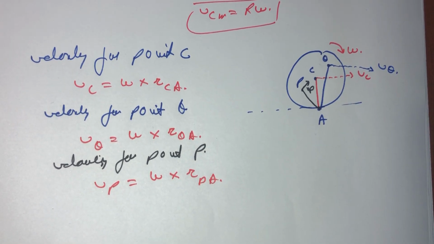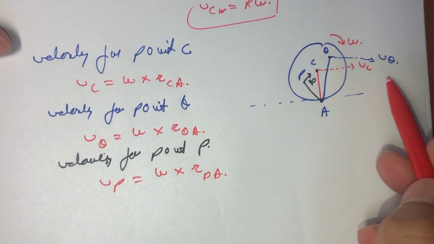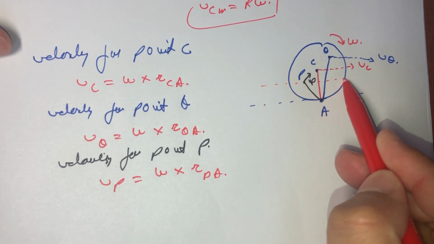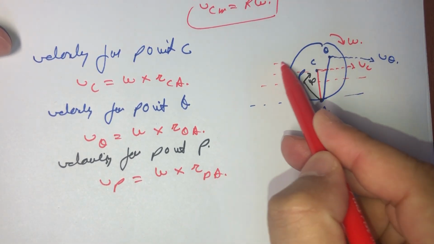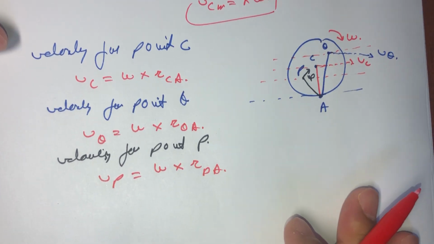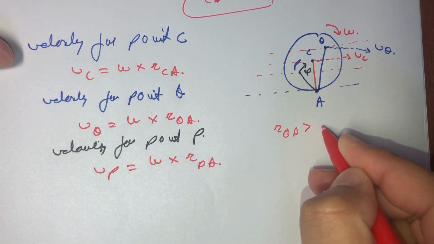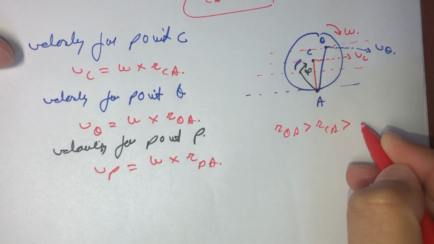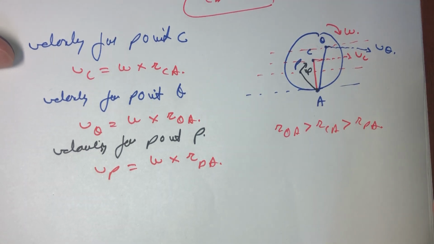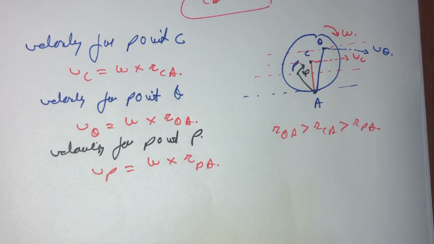So we have these three equations, and using them we can find their respective relationship. From here we can clearly see that RQA is greater than RCA, which is greater than RPA. So we can substitute the values.